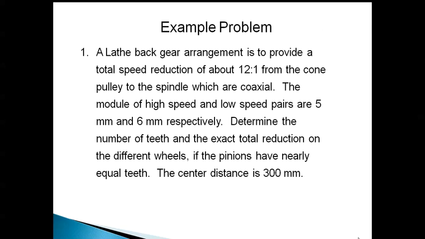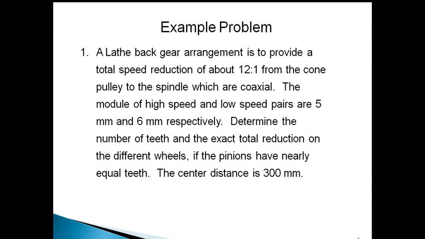A lathe back gear arrangement is to provide a total speed reduction of about 12 is to 1 from the cone pulley to the spindle, which are coaxial. So here the speed reduction is directly given, that is 12 is to 1.